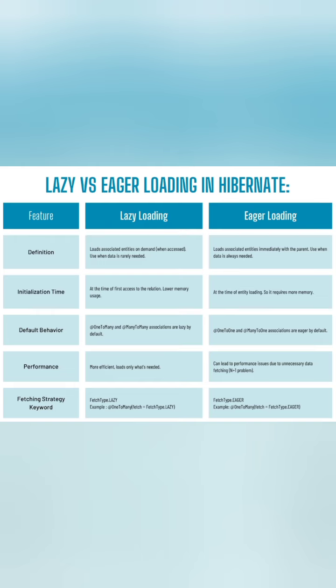And it always loads. We need to use eager loading when we need the data always. Then initialization time. In lazy loading, at the time of first access to the relation, it loads the data, and that's why it requires lower memory.